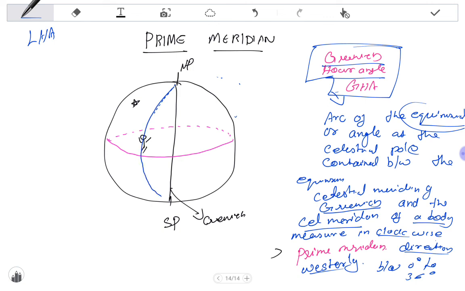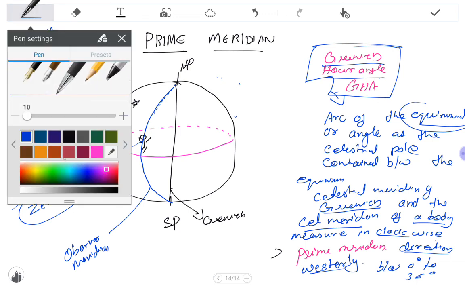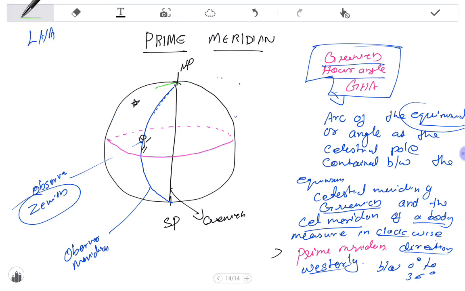You are the observer. The projection of the observer on the celestial sphere is also known as the zenith. I will explain zenith in another video. So this projection gives us the observer's meridian, and we have another meridian passing through the celestial body.